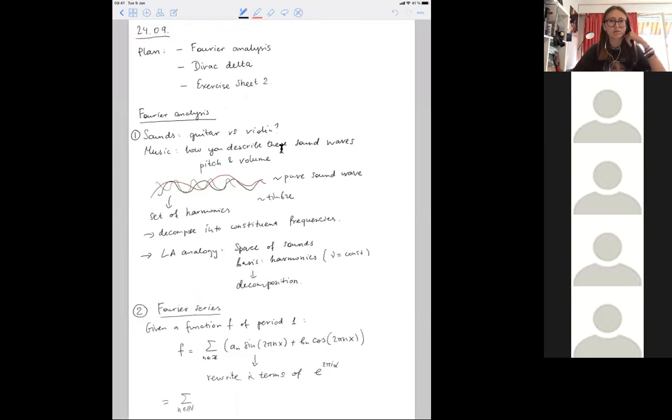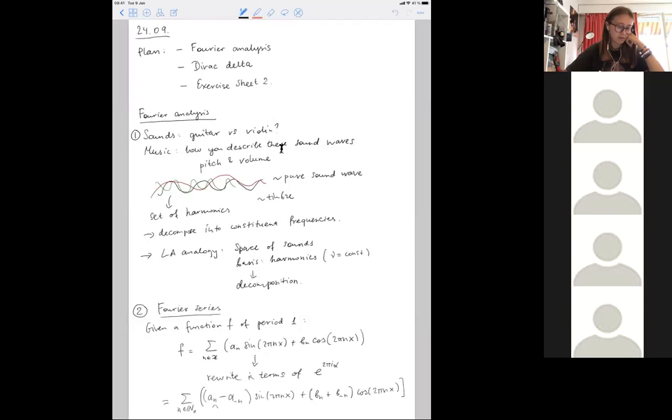If we only restrict it to the natural numbers, possibly including 0, then you can write it as a_n plus a_{-n} sine 2 pi n x plus b_n plus b_{-n} cosine 2 pi n x.